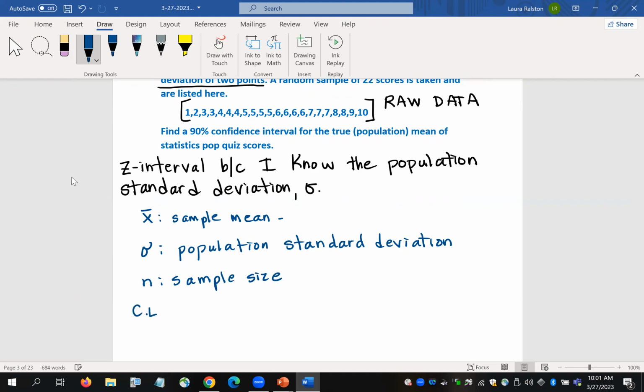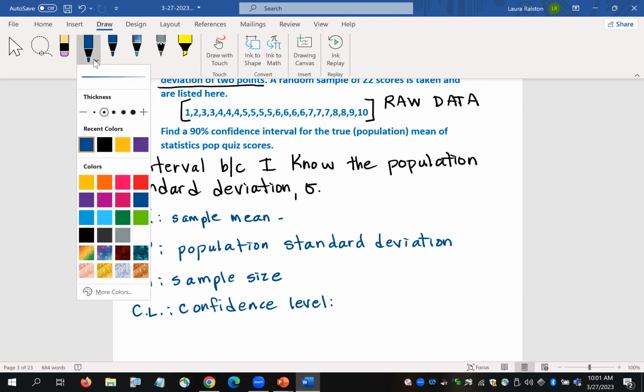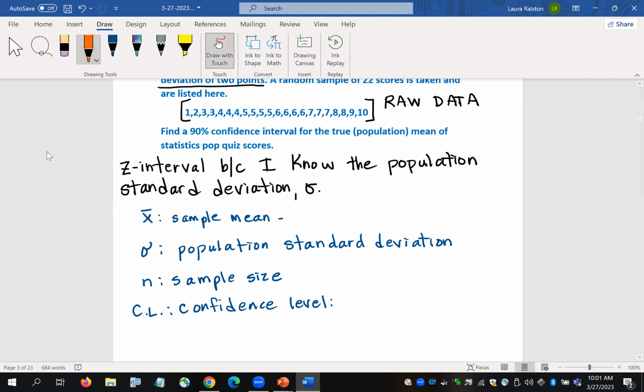And I need the confidence level. The confidence level in the last sentence says, find a 90% confidence interval. It tells me that my population standard deviation is 2 points. I have that underlined in black back up top.